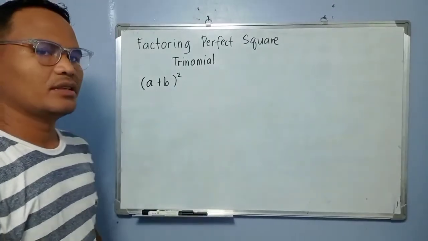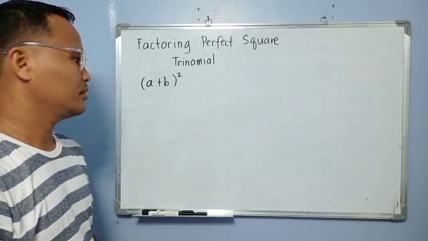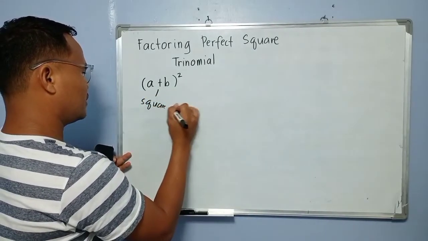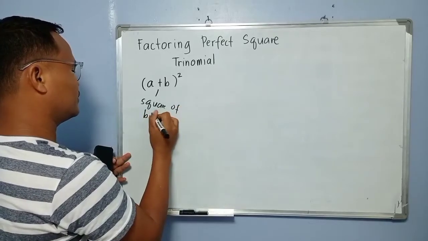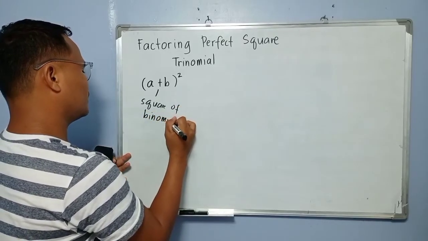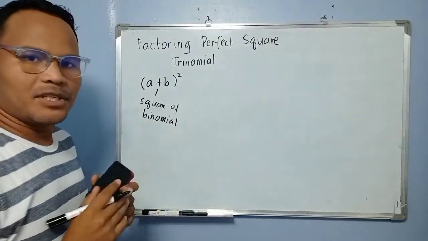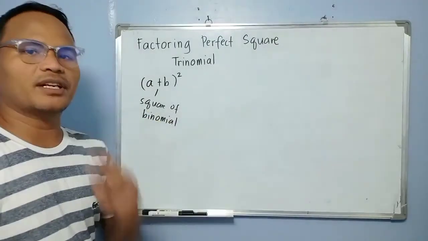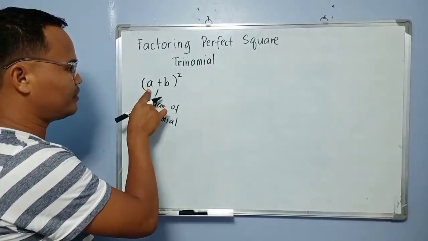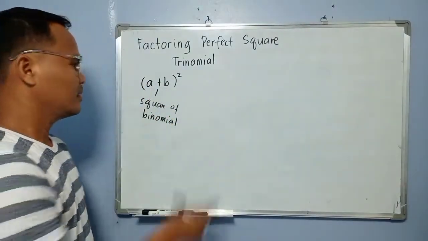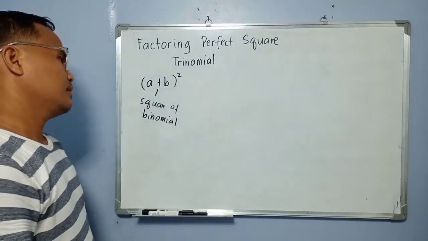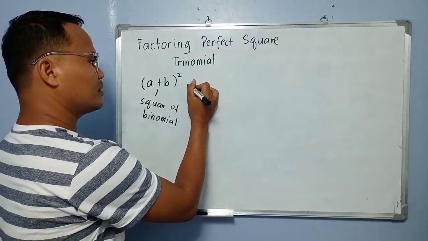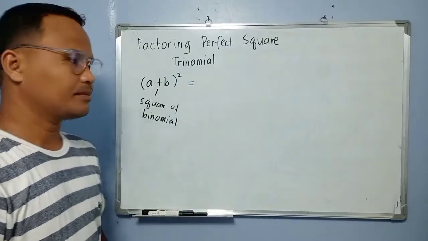This is called the square of a binomial. A binomial has two terms: this is the first term and this is the second term. Square. Now, the square of a binomial can be expressed as a trinomial.